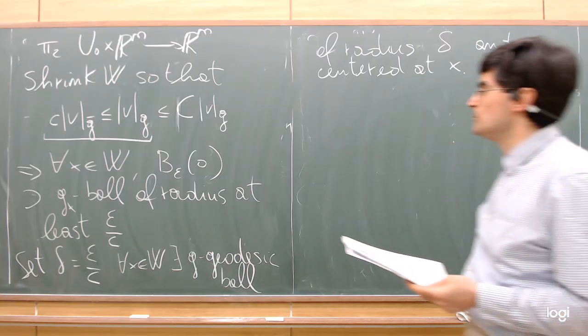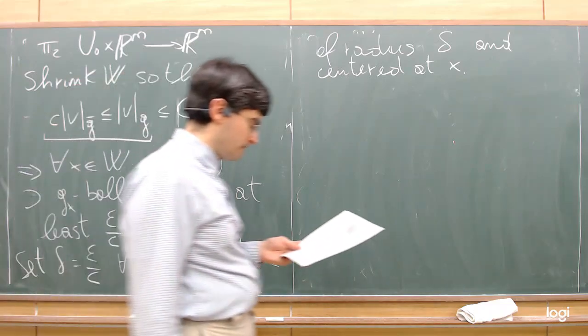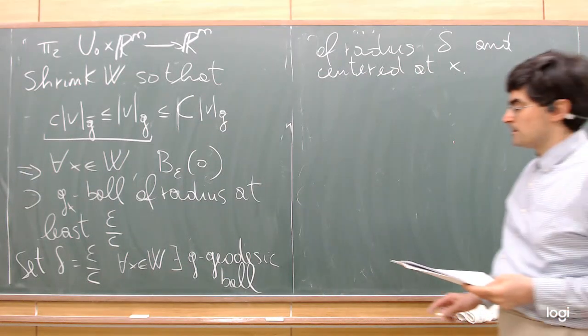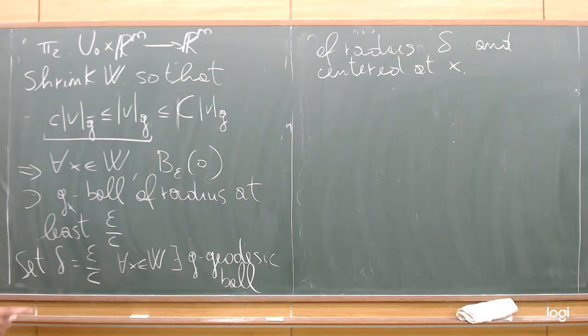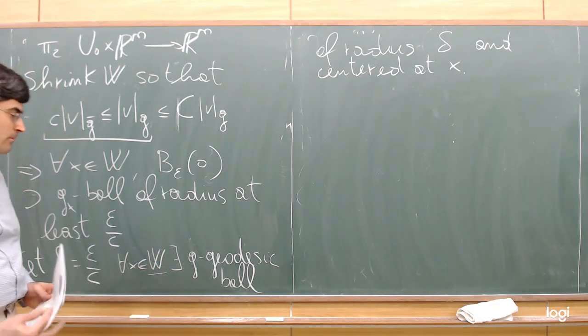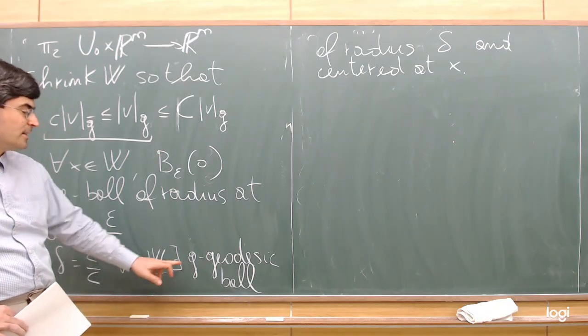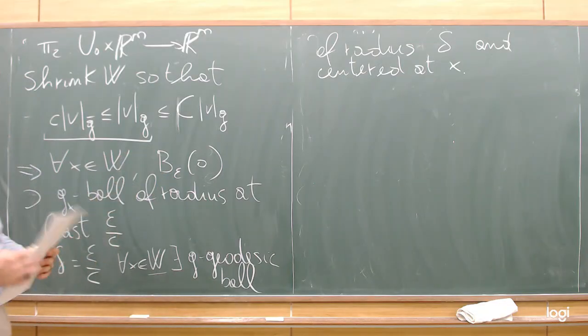So now we have to prove that we have a uniformly normal neighborhood. The candidate subset for a uniformly normal neighborhood is W, because we proved that for each x in W there is a geodesic ball of radius delta centered at x.